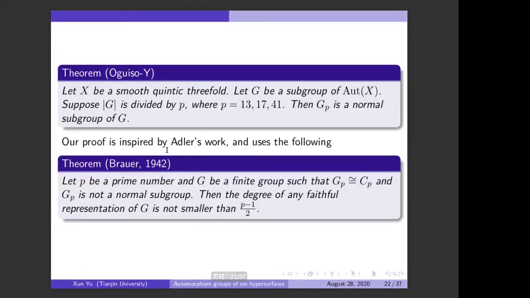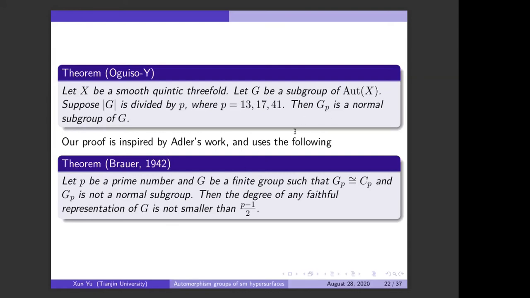Inspired by that, in the quintic case we want to control the automorphism group of quintic threefolds in the case of primes 13, 17, 41, where this large prime divides the order of the automorphism group.